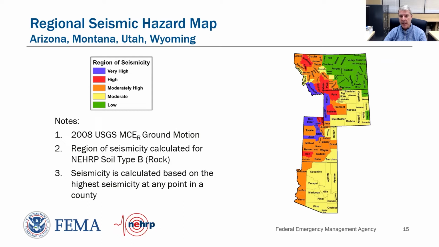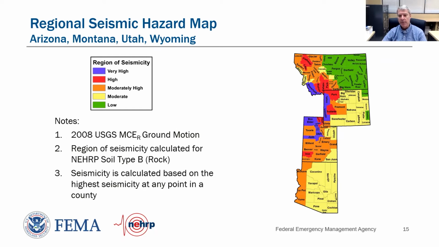Seismicity is then calculated from these county maps based on the highest shaking in a county. And so a potential problem here is if you are in a state where you've got counties that are geographically very large, you could be overestimating the seismic risk through a P-154 screening because the maps are based on the highest shaking within the county.